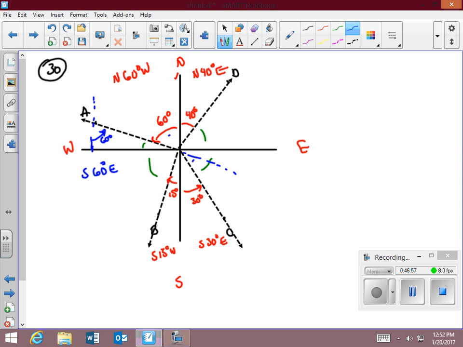So the angle remains the same, but you just swap it. But you see why the angle's the same, because the north-south line is one line, and then that dashed line extended is the other, and then that 60 degree line, those are opposite angles of two lines meeting. Those are always equal.